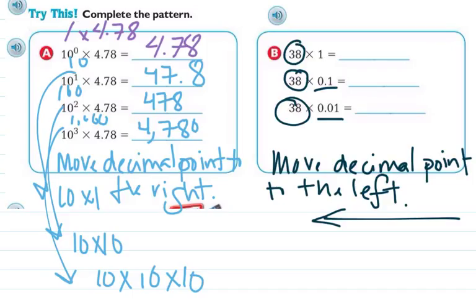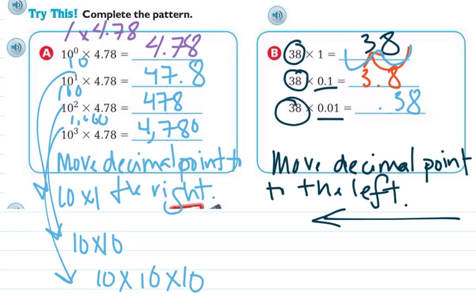So when we do 38 times 1, we get 38. When we do 38 times 1/10, if we move one decimal space to the left, we're going to get 3 and 8 tenths.